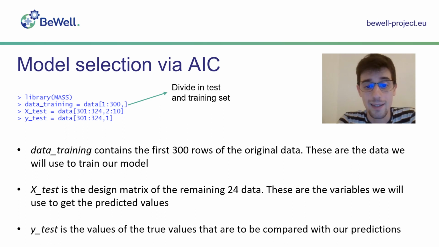One is called x_test and contains the regression variables for the remaining 24 observations. Note that we are only selecting the columns from the second up to the last one. This is because these are the data that will be used to predict the urea value and then compare it with the true values, which are stored and saved in a vector called y_test.